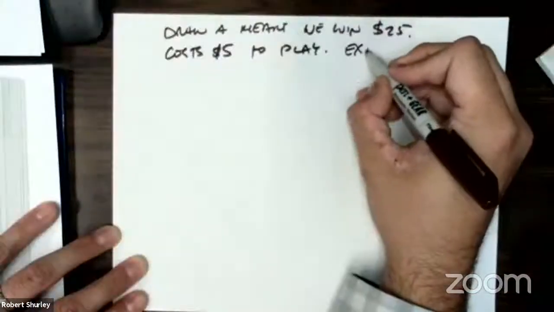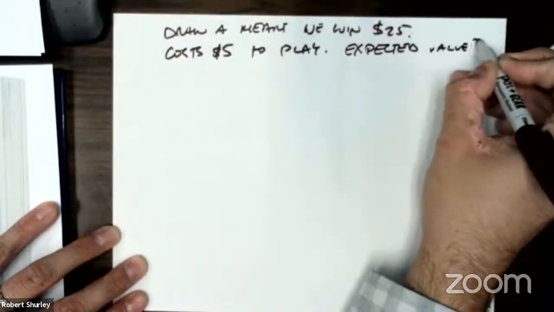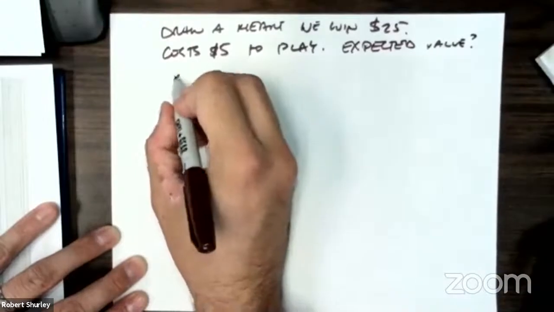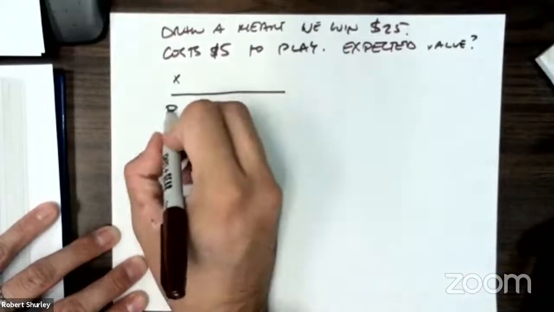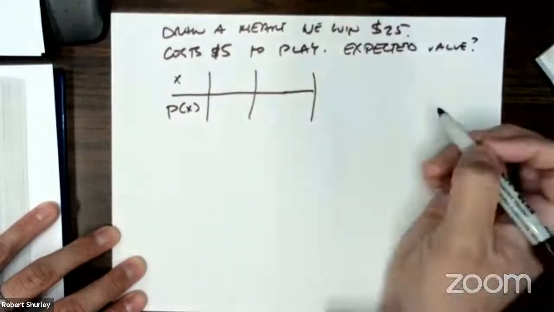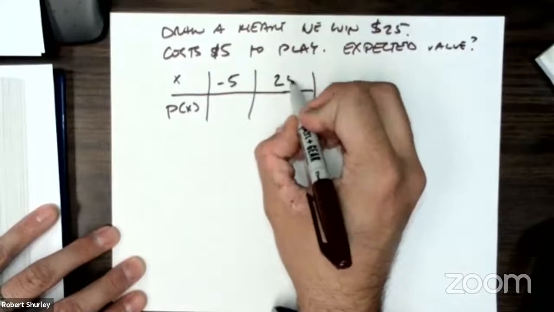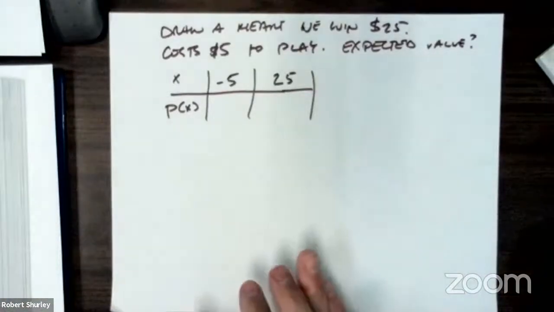But it costs, again, $5 to play. And we want to know what's the expected value. Okay, so let's do the same probability distribution. And again, you can either lose $5 or win $25.